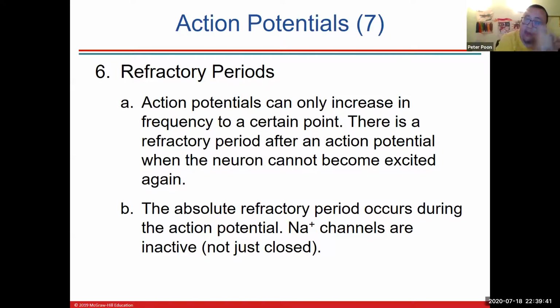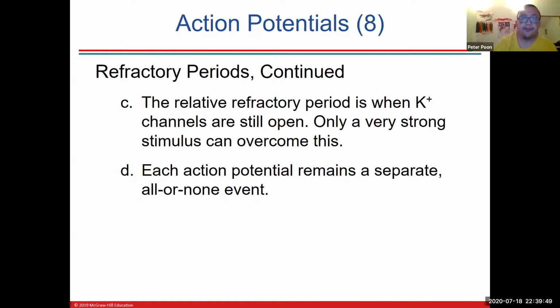So remember that little ball? That little ball makes it inactive, not just closed, but inactive. The relative refractory period is when K plus channels are still open. Only a really strong stimulus can overcome this.